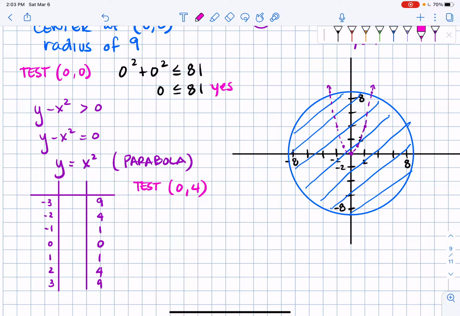So is y, so 4 minus 0 squared greater than 0? 0 squared is 0. 4 minus 0 is 4. Is that greater than 0? And the answer is yes. Okay, so that means the shading is going to be on the inside as well.